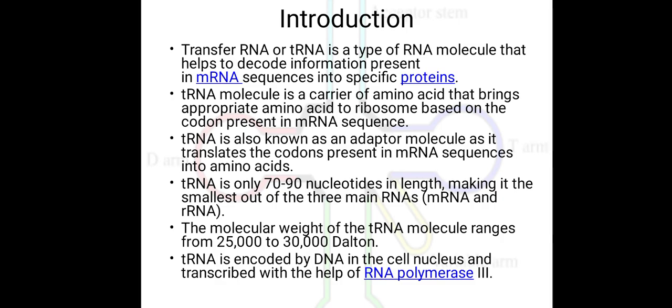Means for protein synthesis, the information which is present within the mRNA molecule in the form of codons gets decoded into a sequence of amino acids, and this tRNA molecule helps with this decoding procedure. This tRNA molecule acts as an adaptor or carrier of the amino acid, which is responsible for transferring the correct amino acid to the growing polypeptide chain during the translation process.